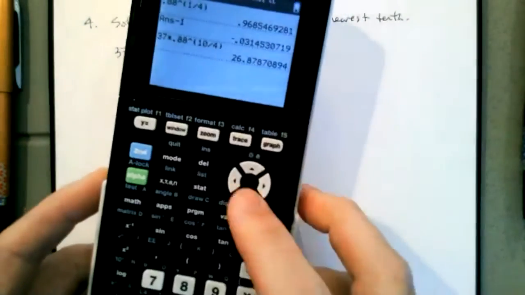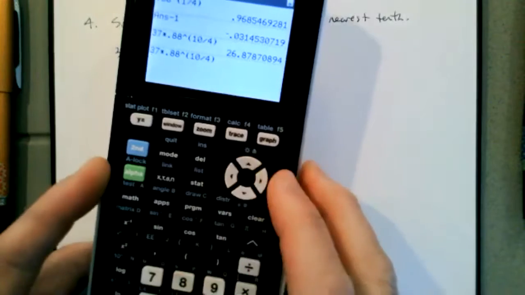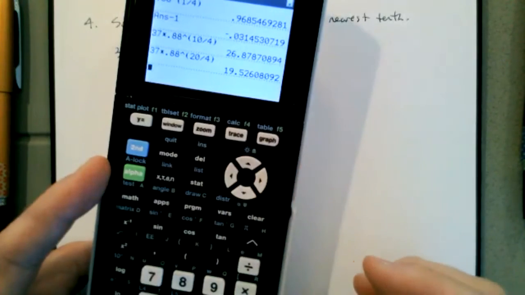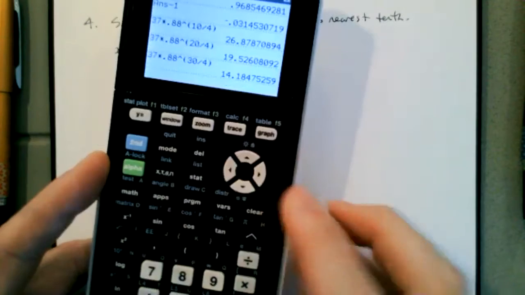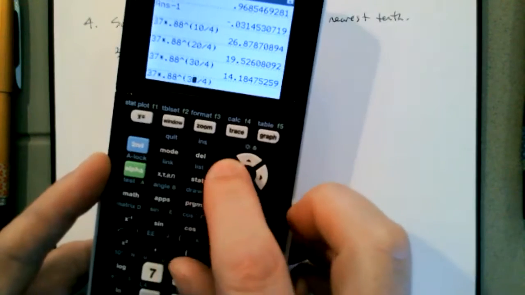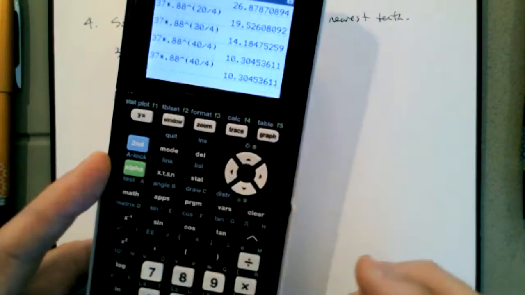We know that when we plugged in 10, we got 26. So what if we plug in 20? We're still not down to 10. So this is going to be pretty far, it looks like. What if I go to 30? We're at 14. If I go to 40, we're down to 10.3. So actually, we're down pretty close.